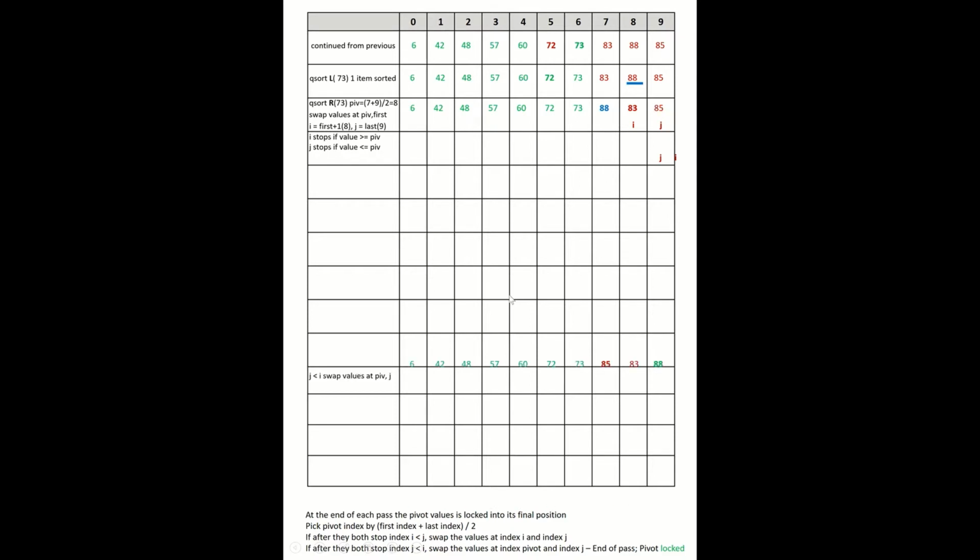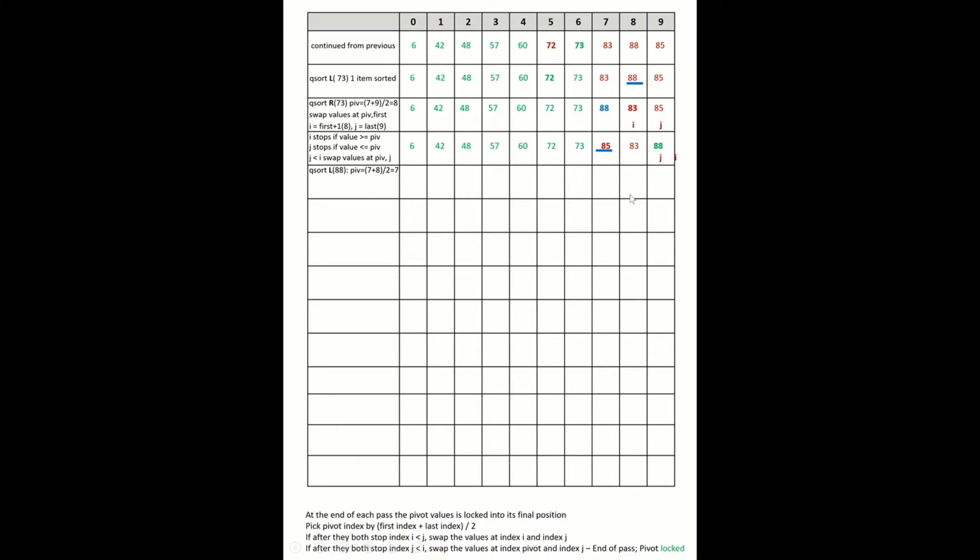So we swap the 88 and the 85. And since the 88 was our pivot, it is now locked into place. What must we do now? We must call quicksort on the left-hand side of 88.